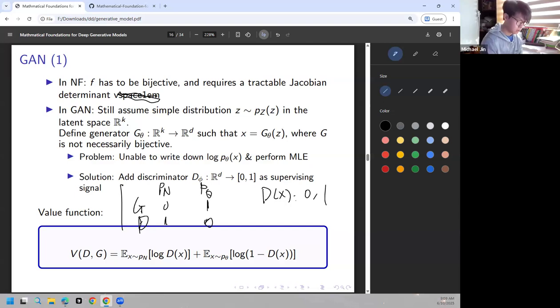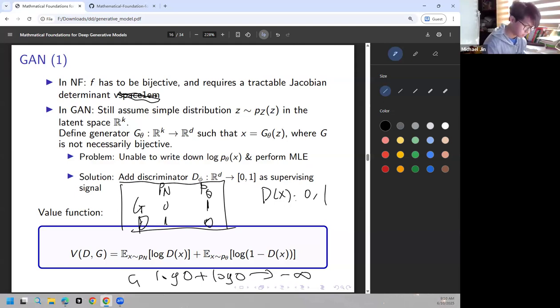So for the generator, when x is from p_data, the D(x) value is 0, so it's log 0, plus when x is from theta, it should be 1, so it's still log 0. It's negative infinity for G. So G wants it to be negative infinity, and D wants it to be log 1 plus log 1, which should be 0. So we can see from this value function that the discriminator is trying to maximize it, but the generator is trying to minimize it.